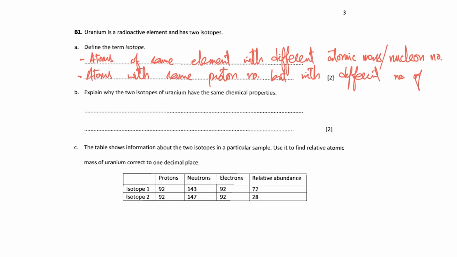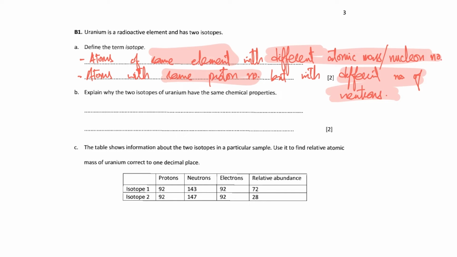of neutrons. Now here's the interesting bit. You are basically saying the same thing. Why? Because when you say same proton number, you mean it is the same element. And when you say it has a different number of neutrons, you're actually saying it has a different atomic mass or nucleon number. So they're both the same thing. So use any one of these.